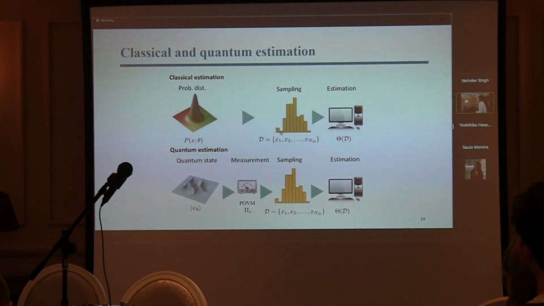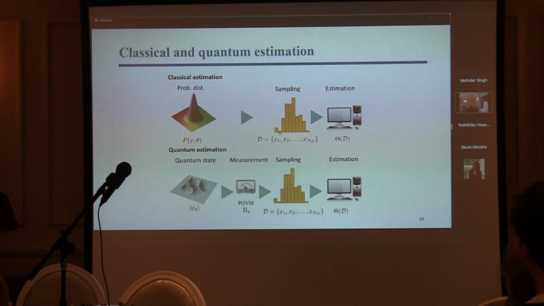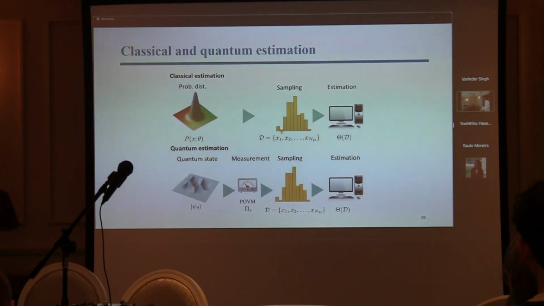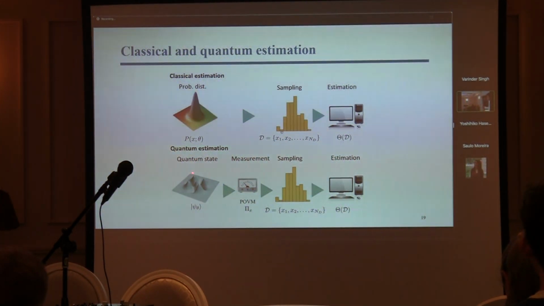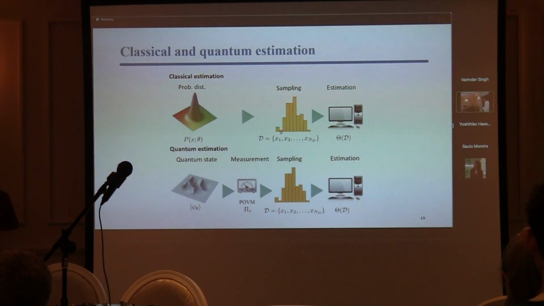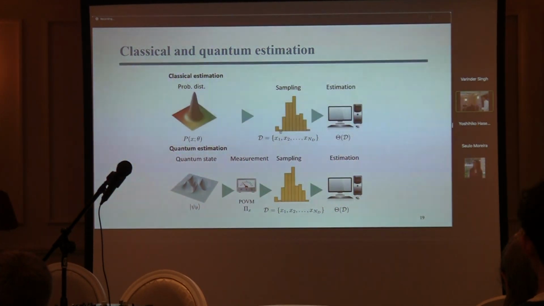Then, of course, there is quantum estimation, but it's a little bit different. For the case of classical estimation, the estimation can be performed by this figure, but for the case of quantum estimation, we have to define how we measure the quantum state.